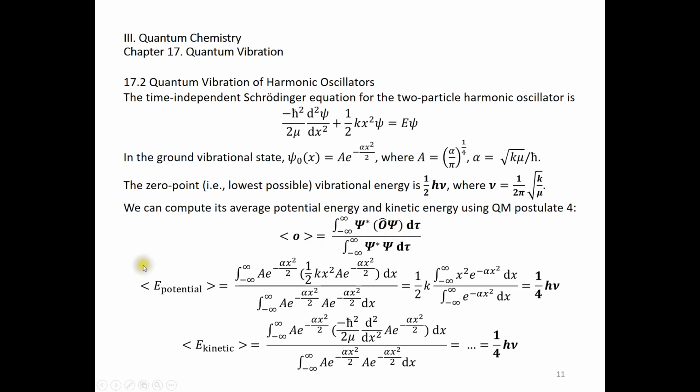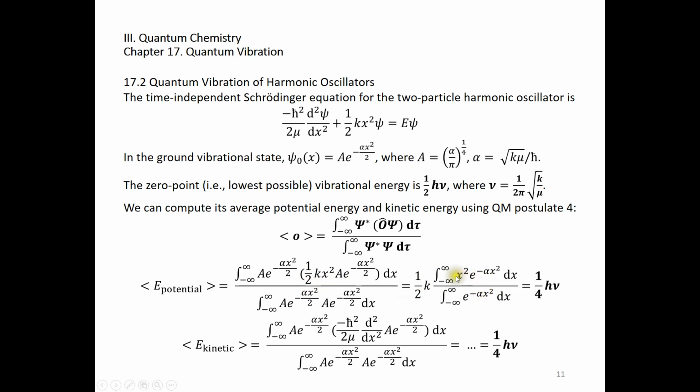So we can do the calculation for the average potential energy. We have the wave functions on the bottom, the wave functions on top, and then this is potential energy applied to wave function. A and A cancel, A and A cancel. We do some simplification. We take half k out. Really, it's just the division between the two integrals.